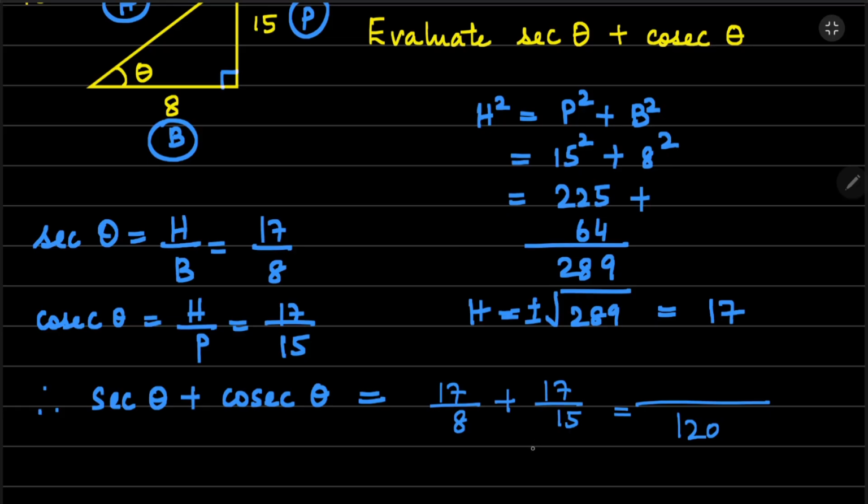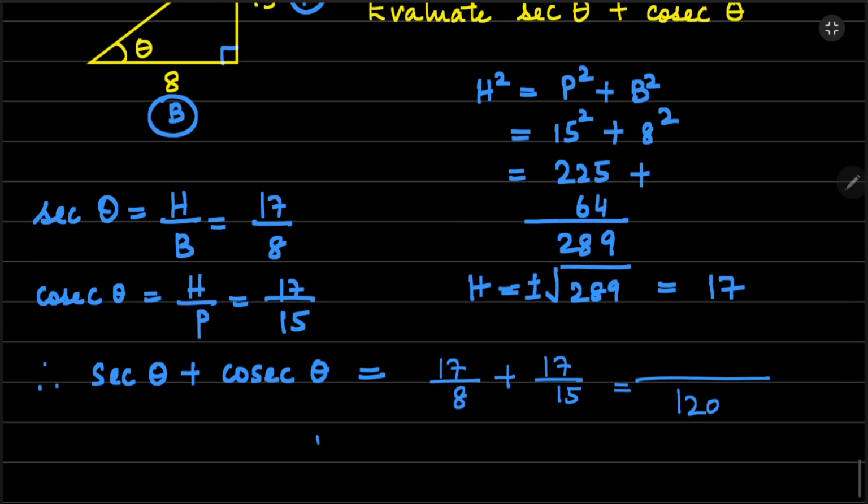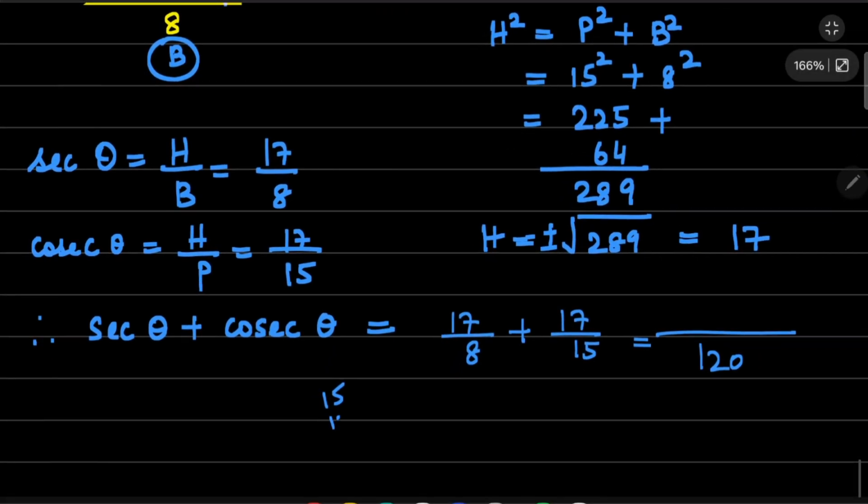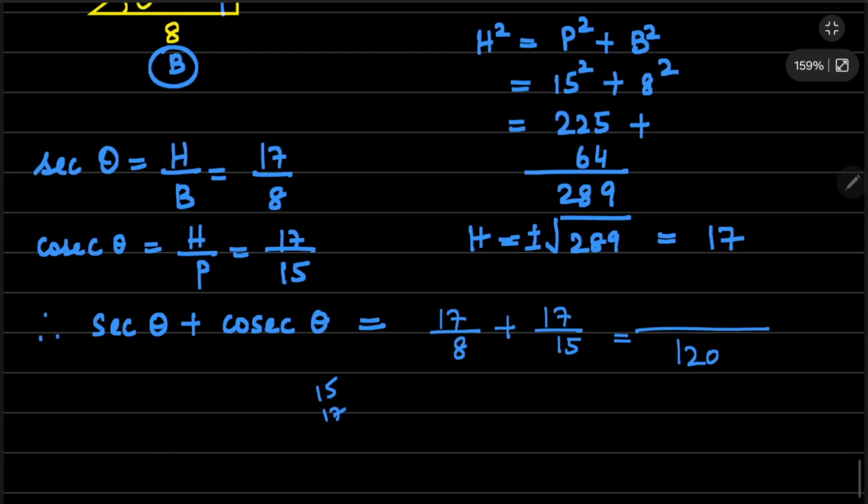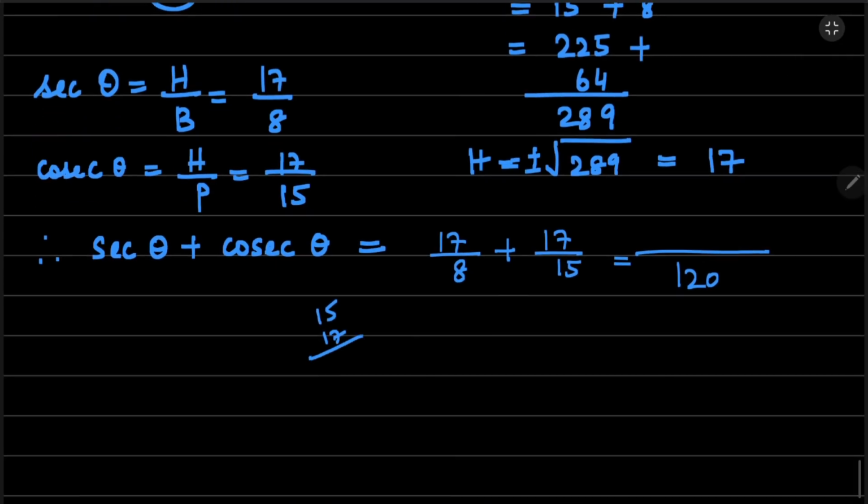So 15 multiplied by 17. What is 15 into 17? 255. You're getting 255. Plus 17 into 8. 8 7s are 56, 6, 5, 13. Okay, so 136.